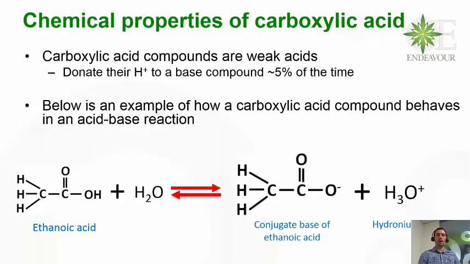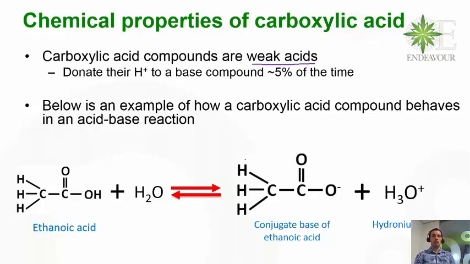So let's have a look at how the carboxylic acid can actually behave as an acid, as its name would suggest. So carboxylic acid is actually a weak acid. So that means it would actually prefer to hold on to its H plus than give it away. But still, some of the time, the carboxylic acid will behave like an acid and donate its H plus, around 5% of the time.